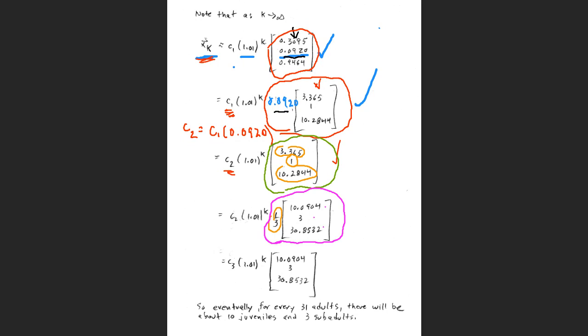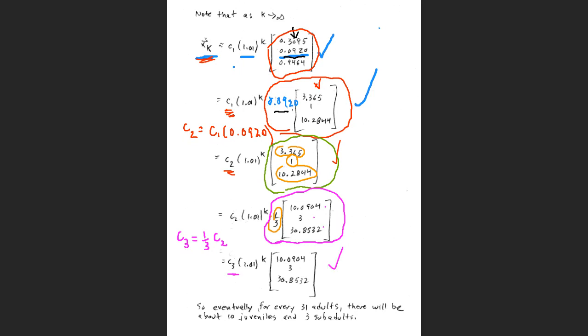And now I can define C3 as 1/3 times C2. And then I'm able to write this.